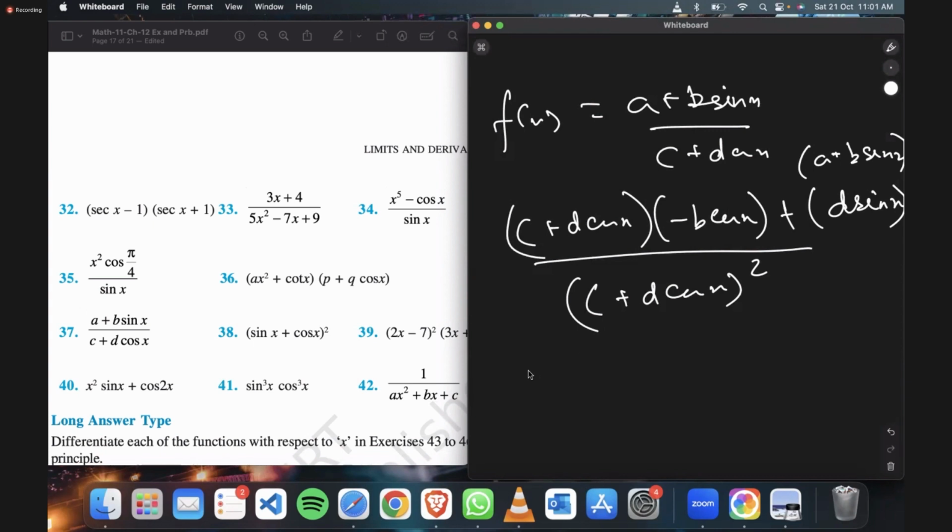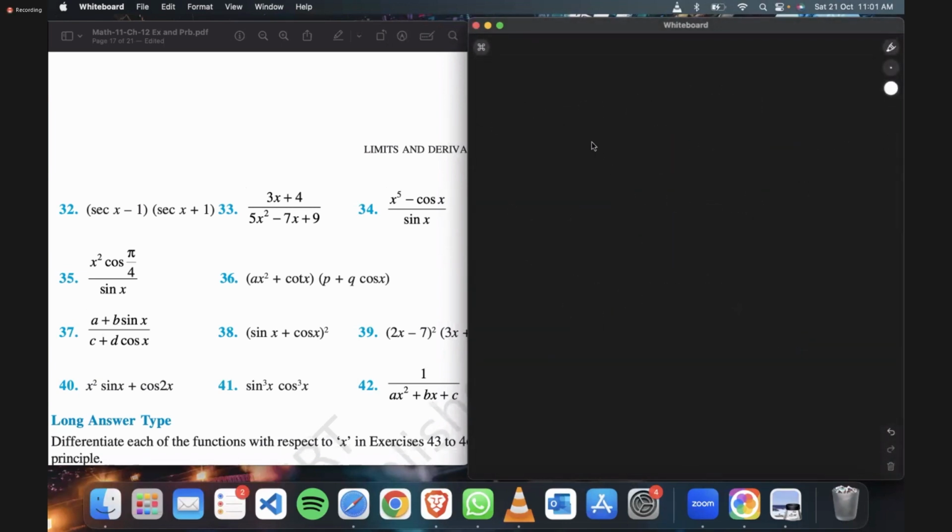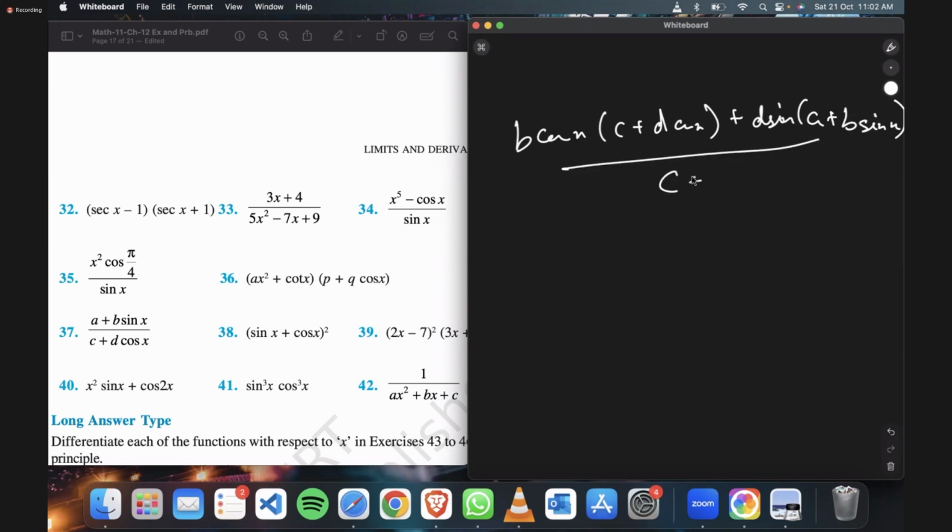So there will be a b. Yeah. So I'll be having b cos x times (c plus d cos x) plus d sin x times (a plus b sin x), whole divided by (c plus d cos x) the whole square. Alright.